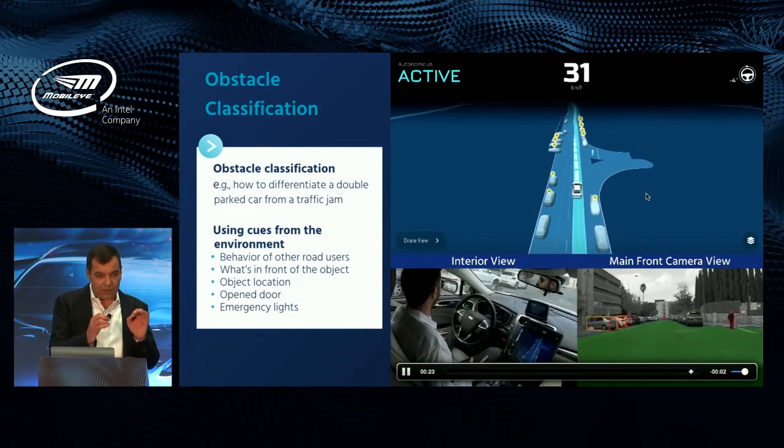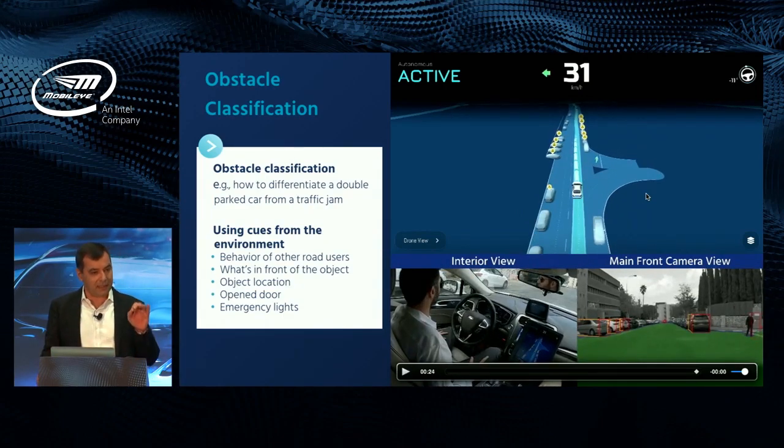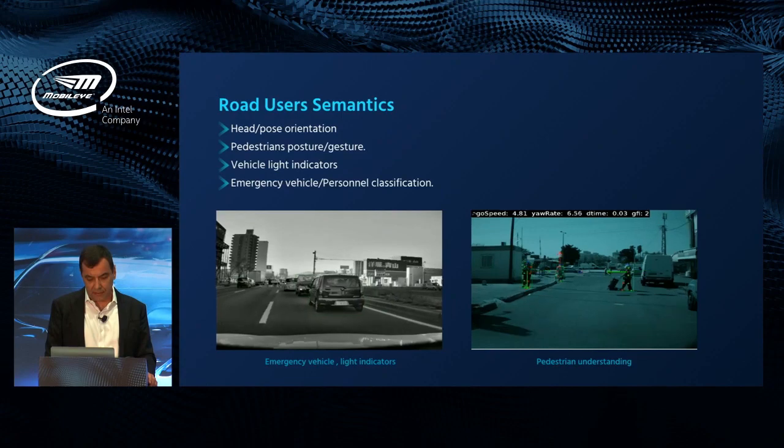But there are all sorts of tells, like if you do a pixel labeling and you know the pixels of the road, you see pixels of road behind the obstruction, so you know it's not a traffic jam. So it's putting all this information together in order to understand what are obstacles and overtake them.